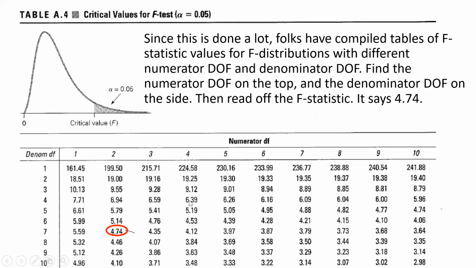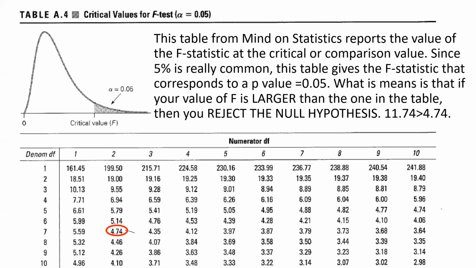You can also use tables to look this up rather than use Excel. If you want to use a table, you would find the numerator degrees of freedom on the top, the denominator degrees of freedom on the side, and then read off the F statistic for your situation. This table is from the Mind on Statistics textbook, and it reports the value of the F statistic at the critical or comparison value.